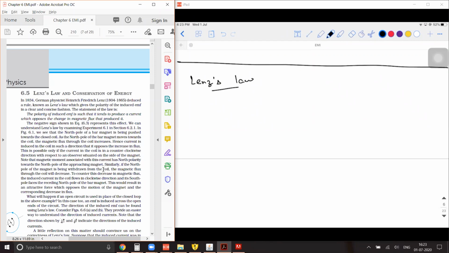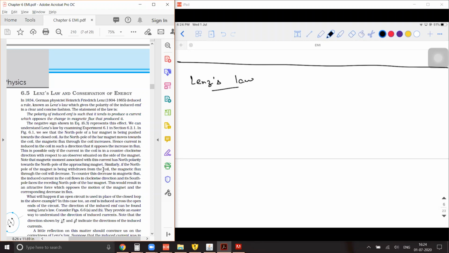the current in the coil will be induced in such a direction, such that it always opposes the cause which is producing it.